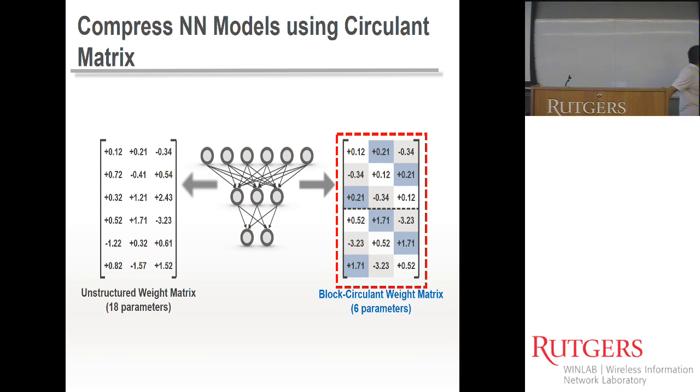The key idea is that when we consider the weight matrix of a neural network, we purposely enforce some structure on the construction of the weight matrix itself, for example, to make it a block Circulant matrix. In that case, we have a spatial pattern in the weight matrix, and we need many fewer independent parameters to store the entire model.